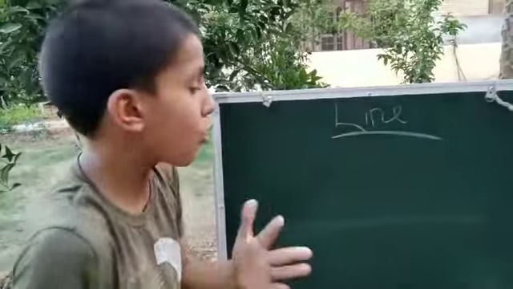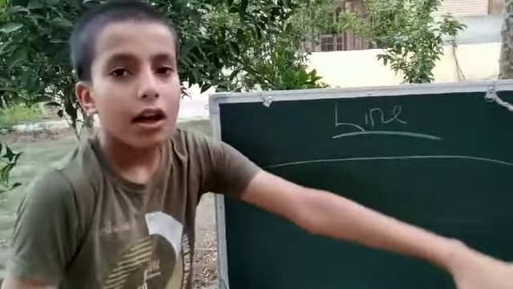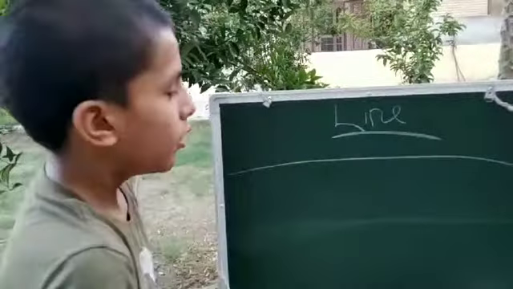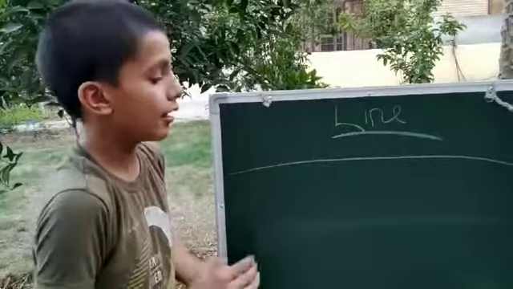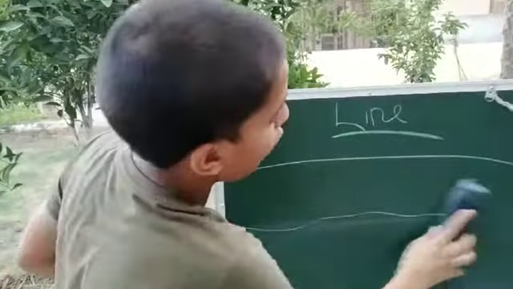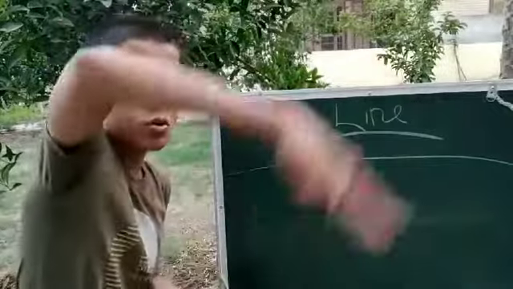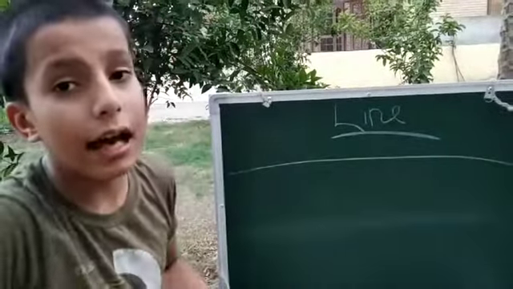There is never an end to any line. It goes on for miles and miles. So a line is a straight thing that starts from a point, but there is no end to it, so we say a line is endless.